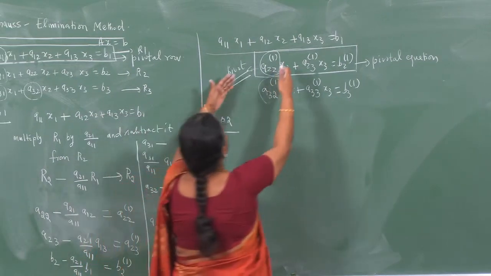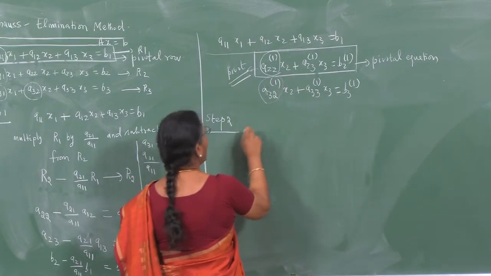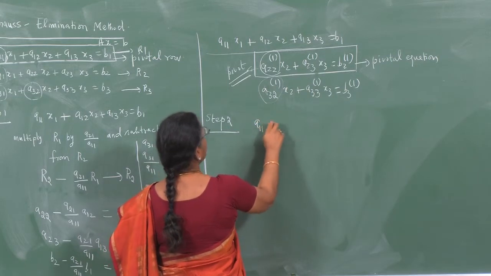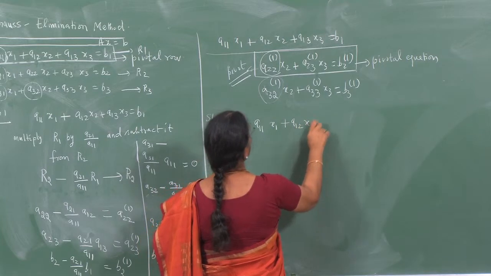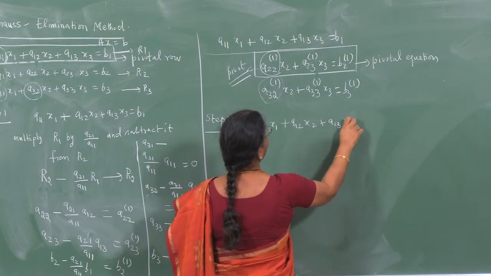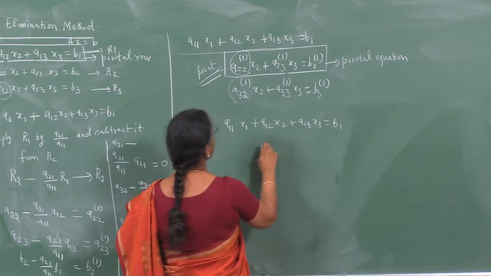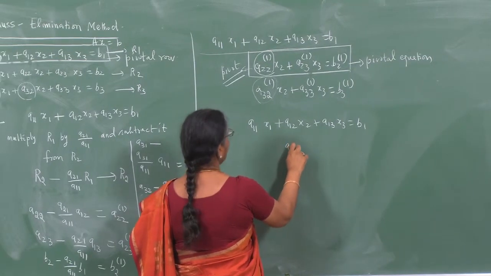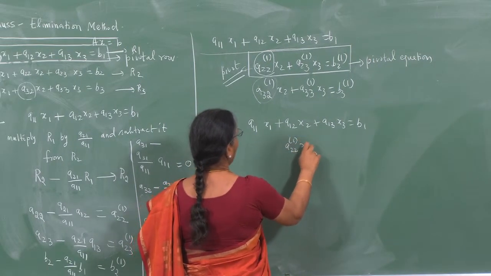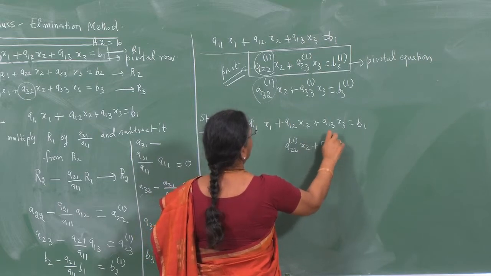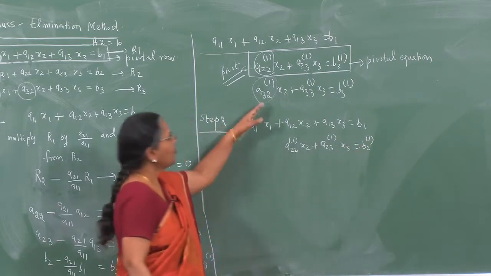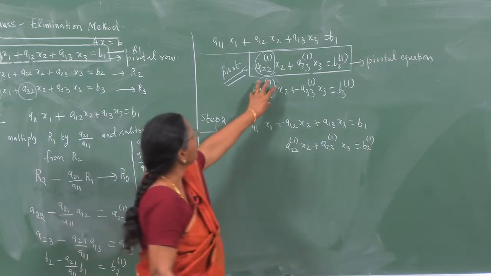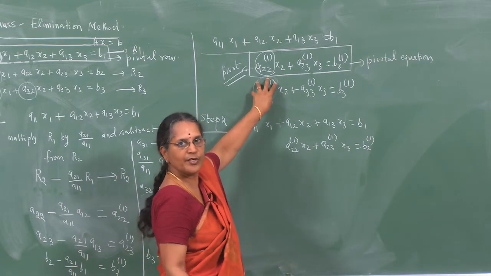So, when I do that, I will have at the second step my equation to be A11x1 plus A12x2 plus A13x3 equal to B1. And my second pivotal equation will remain as it is. And then my third equation will be such that I have to make this entry into 0.